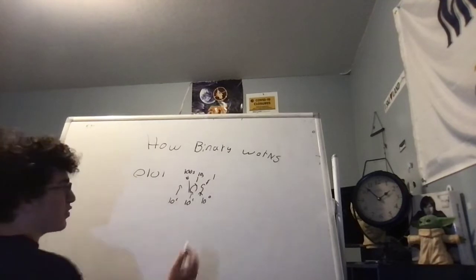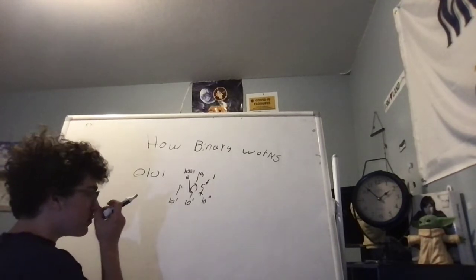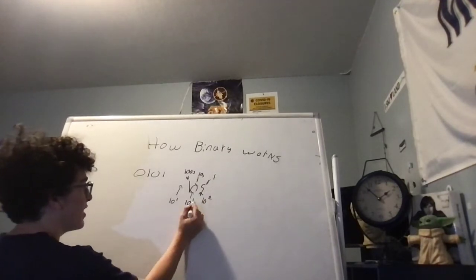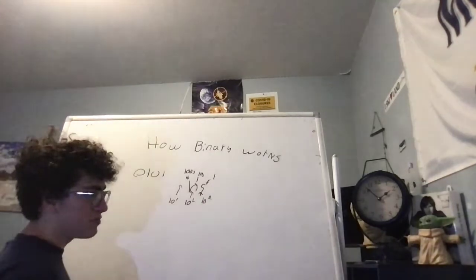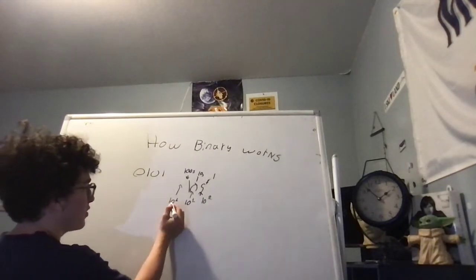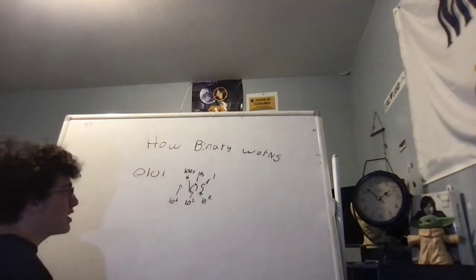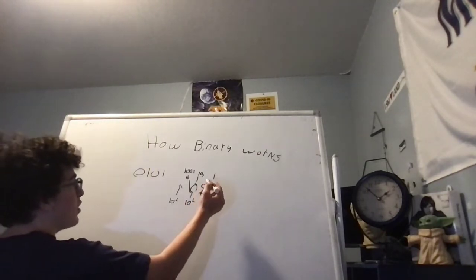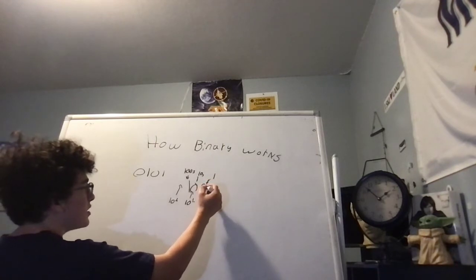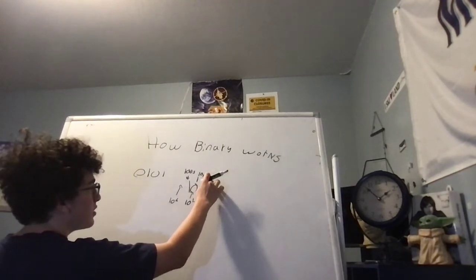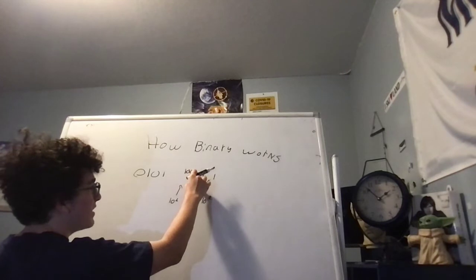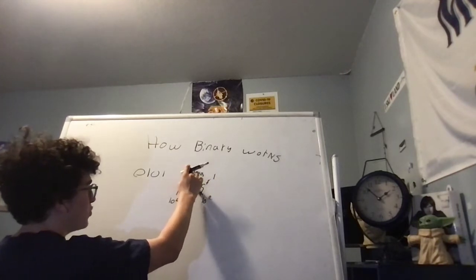And if you didn't know, the exponent for a base 10 number is how many zeros will follow. So obviously this is 100, this is 10, this is 1. 0 zeros, okay? So we know that we have 5 times 1, 0 times 10, and 1 times 100.